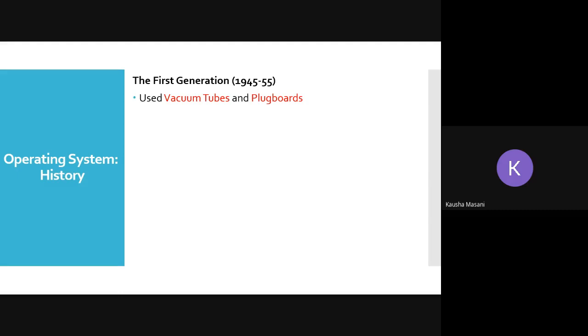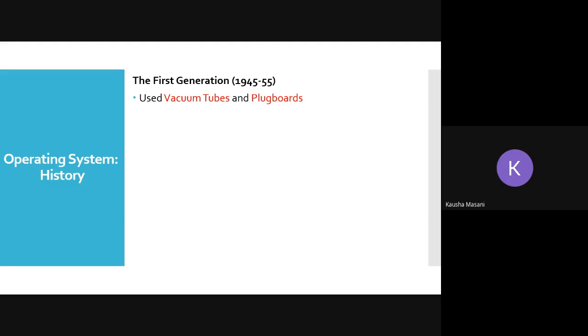What the programmer or operator used to do is take the calculation on pen and paper, then go inside that room, start those vacuum tubes, and give the inputs in those plug boards using the plugs. Then the machine would start running. It would run for a day or two, and afterwards there was an output.